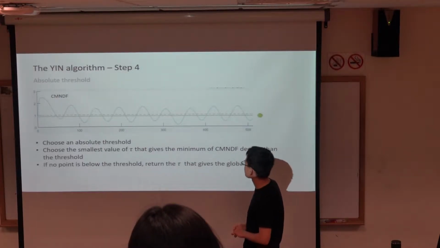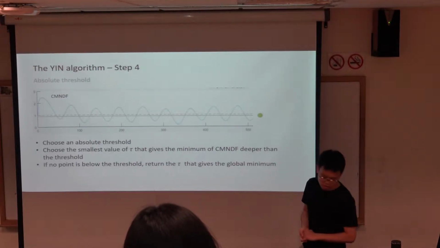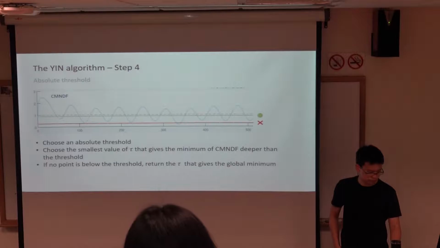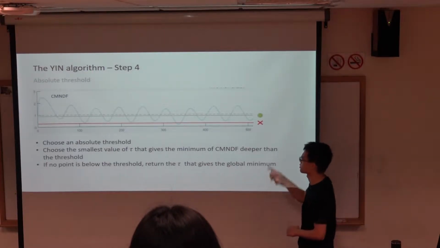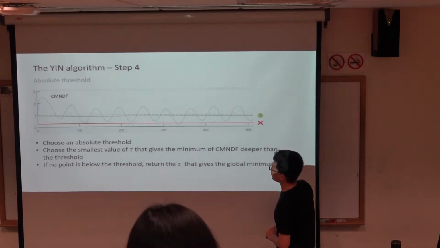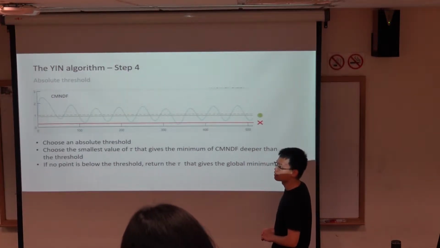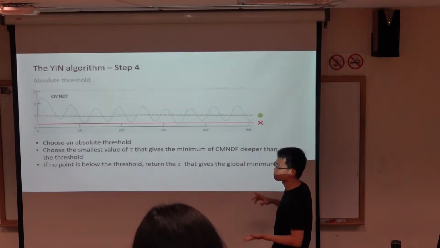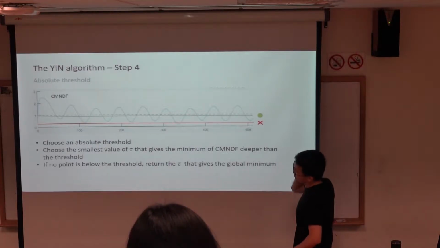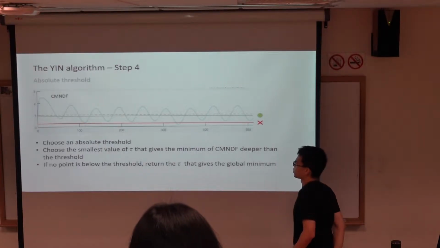However, it depends very much on which threshold you want to choose. And if you choose a threshold here, well, it will return this value. That would be very bad. So it's not the lower the threshold, the more accurate it is. So it still depends very much on the signal noise.